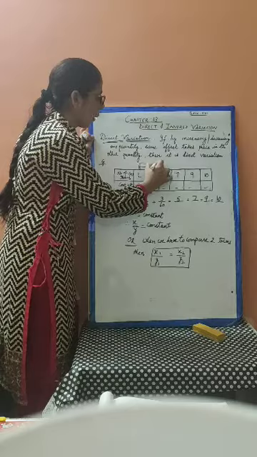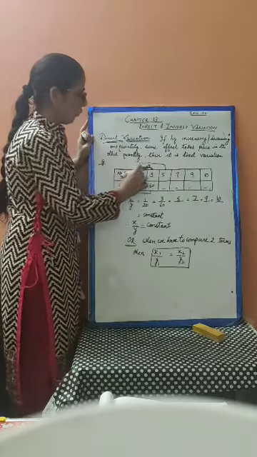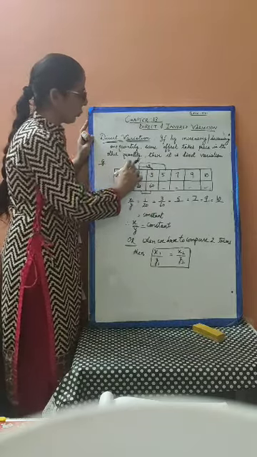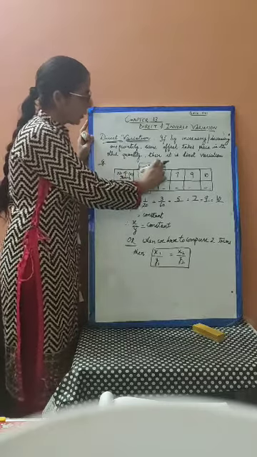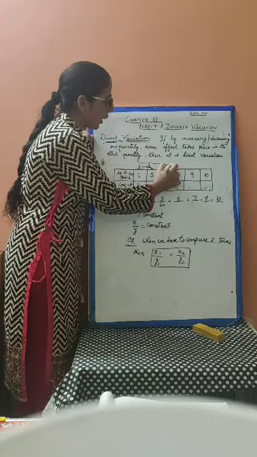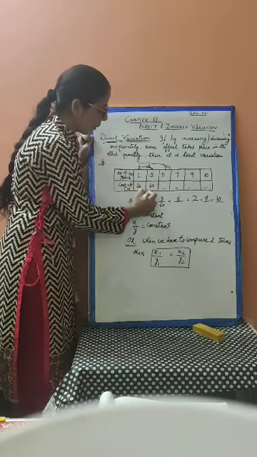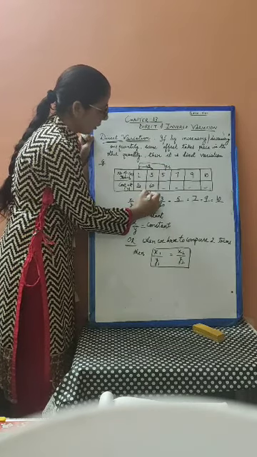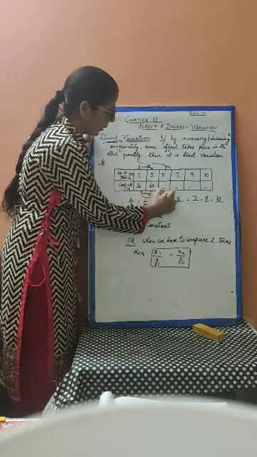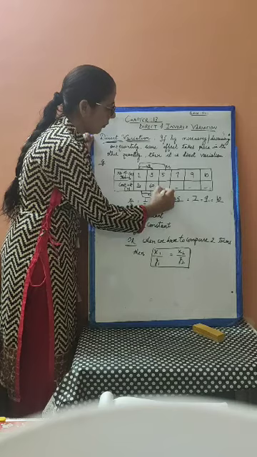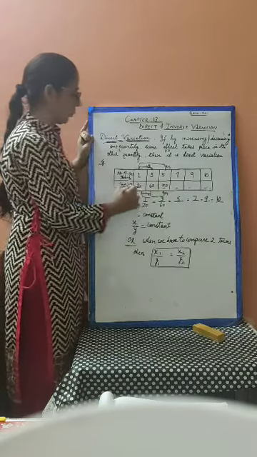If one item costs 20 rupees, what will it be for 5 items? Items are increased by 5, so the same will be the change in the cost. What will be the cost here? 20 into 5 is equal to 100 rupees.